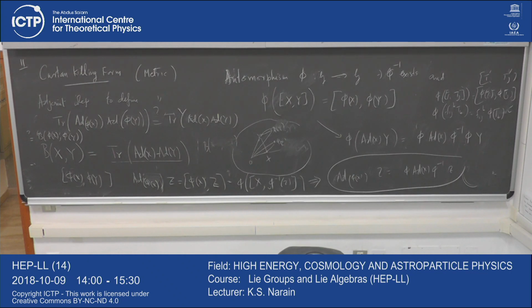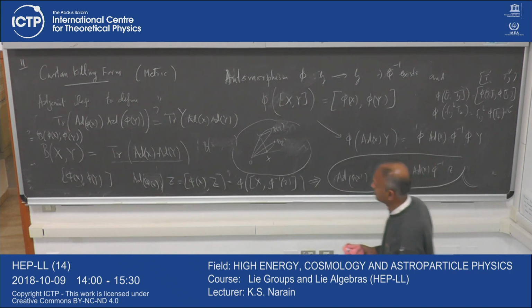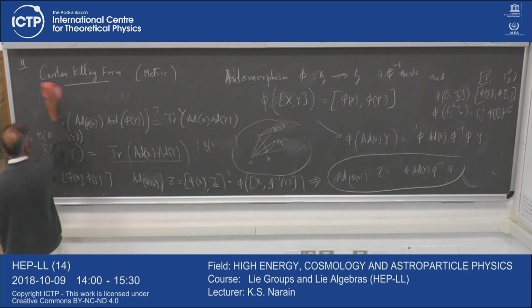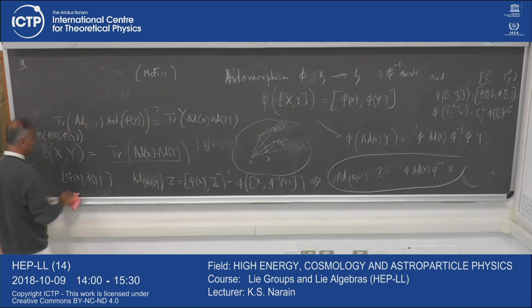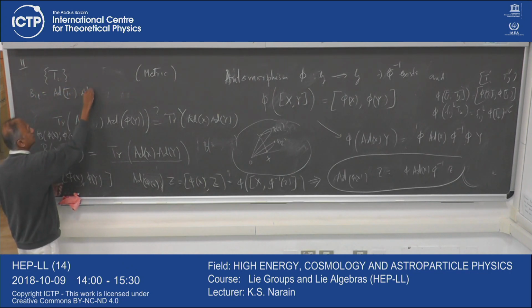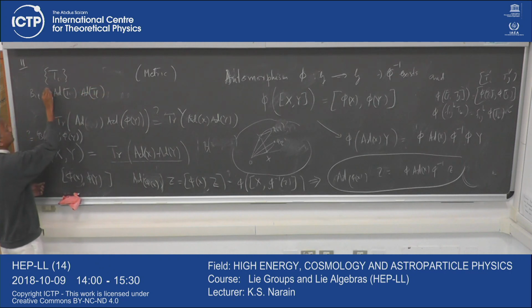So to give some examples. Remember, given a choice of basis, I erase that part. If I choose some basis Ti for the Lie algebra, then B_il was defined as the trace of ad Ti ad Tl.